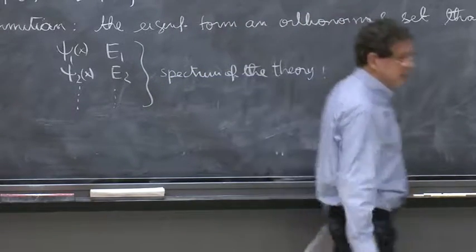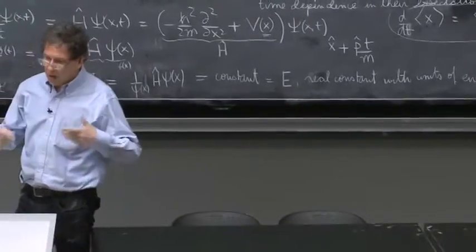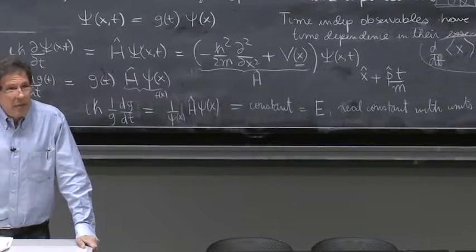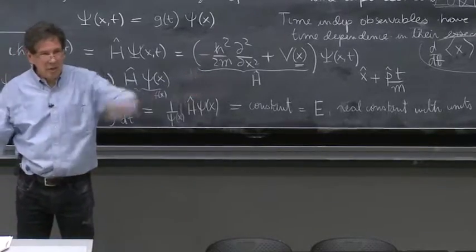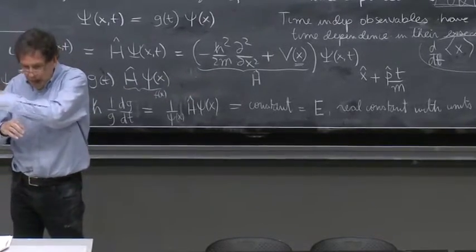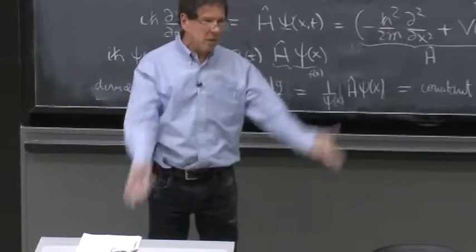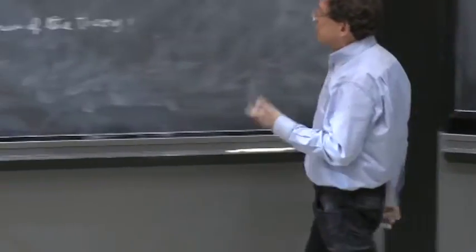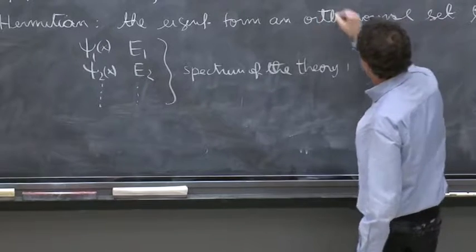Because energy eigenstates are considered the gold standard. Solving a theory means finding the energy eigenstates. Because if you find the energy eigenstates, you can write any wave function as a superposition of energy eigenstates and then just let them evolve. And the energy eigenstates evolve easily because they are just stationary states.